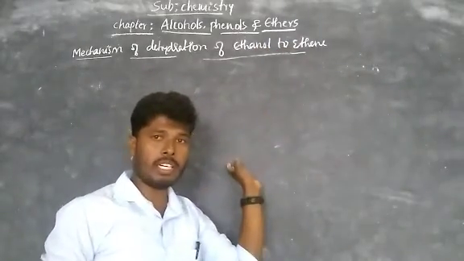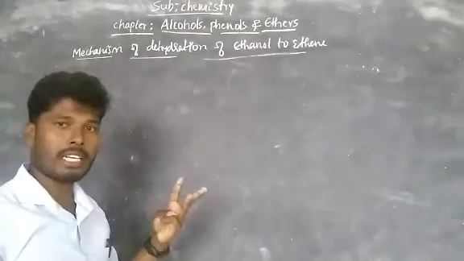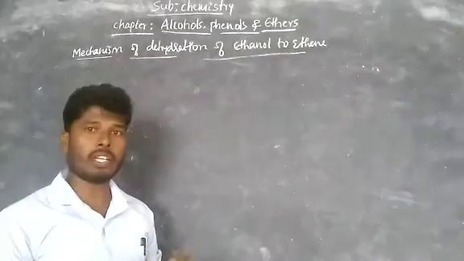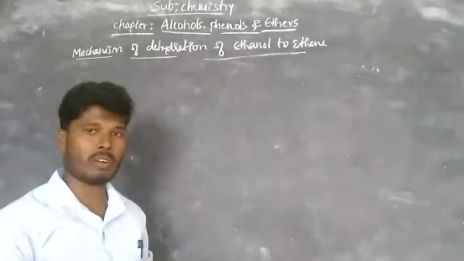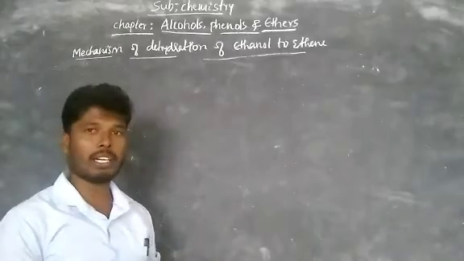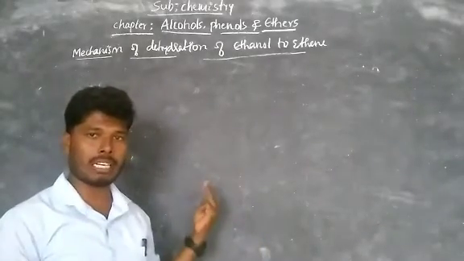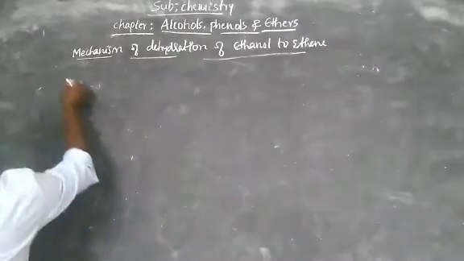Now we are studying the mechanism. See, the mechanism involves 3 steps. The first one is protonation of ethanol. Then dehydration of ethanol, means formation of carbocation. Then the third one is removal of hydrogen to form alkene. These are the 3 steps that we will study one by one. Now take the first one, that is step 1.